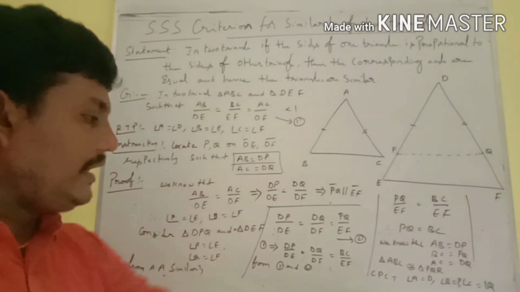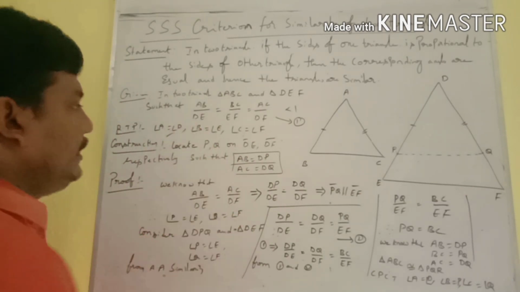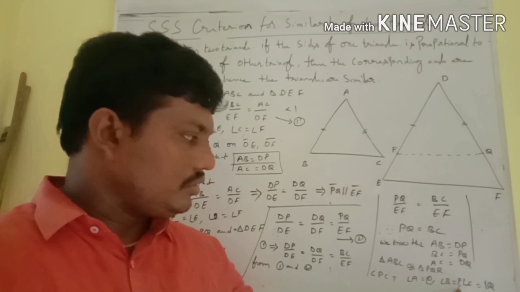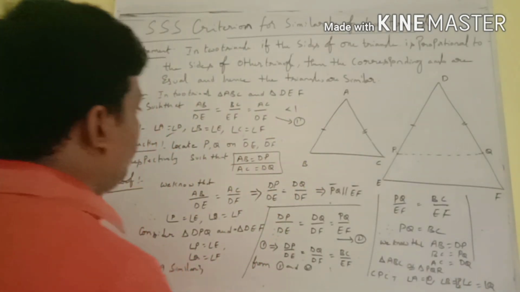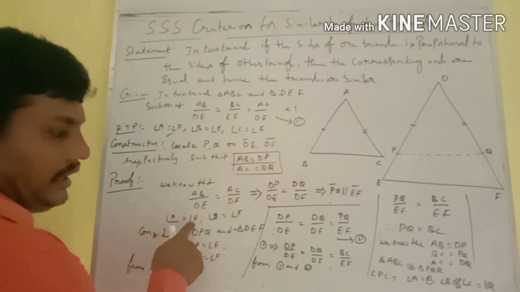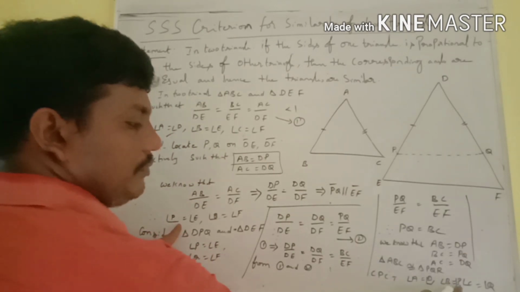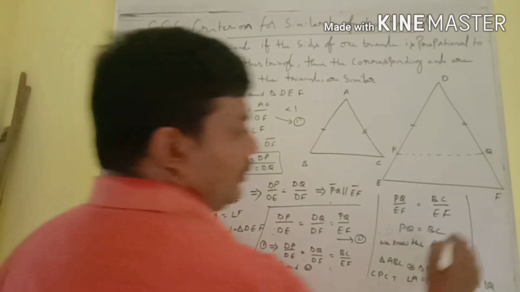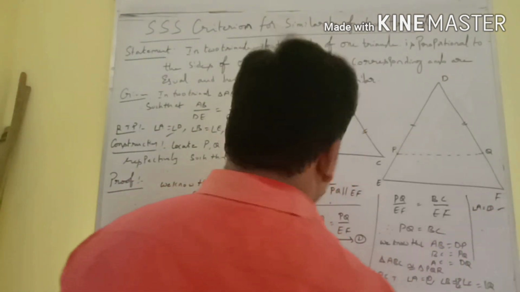But angle P is equal to angle E, and angle P is equal to angle B here. From these two conditions, P is equal to E and P is equal to B, then B is equal to E. Therefore angle A is equal to angle D, first one.